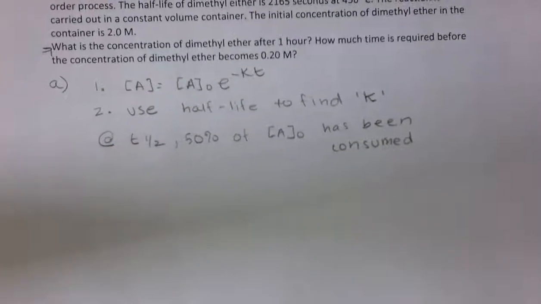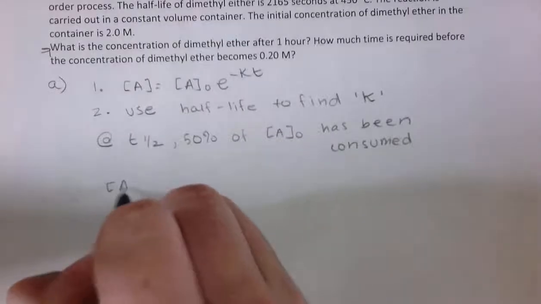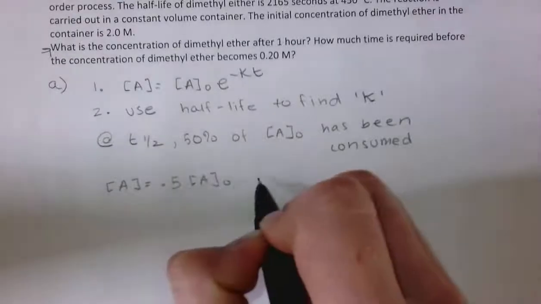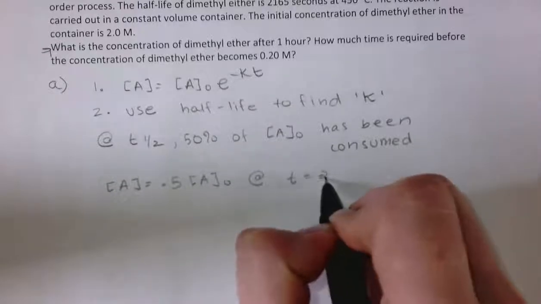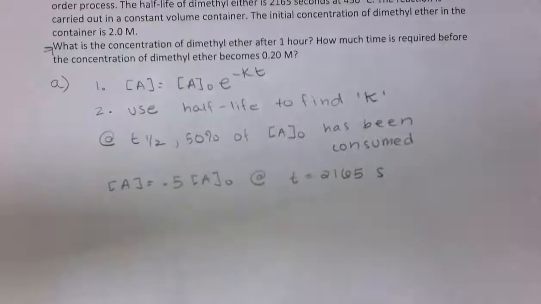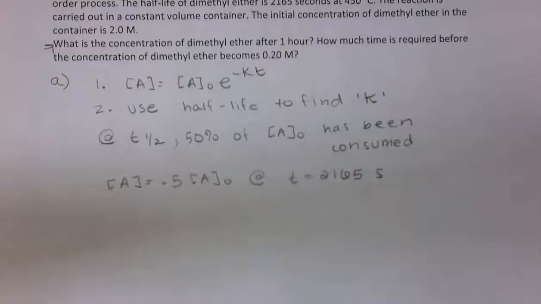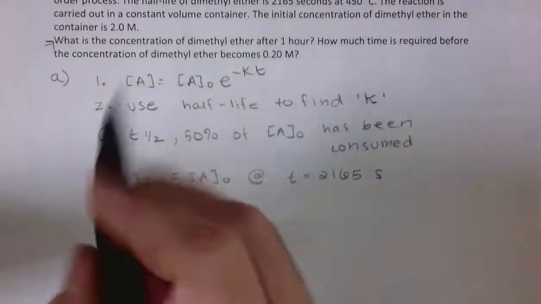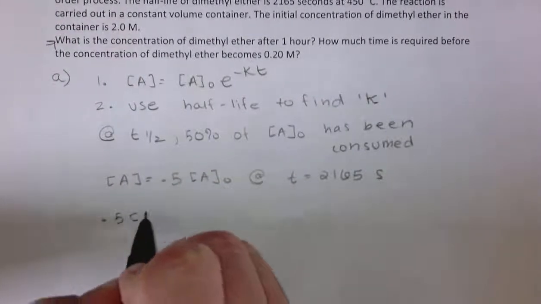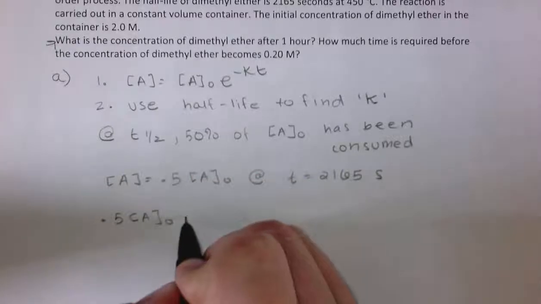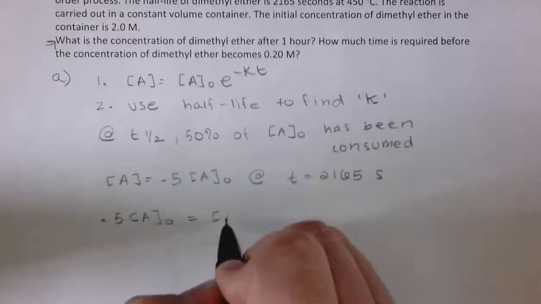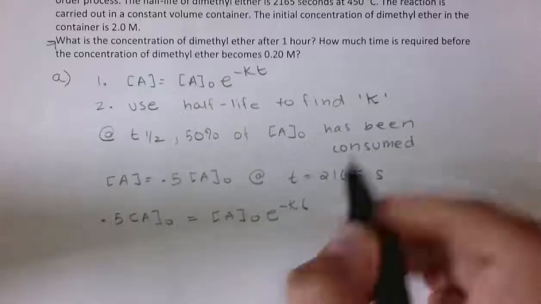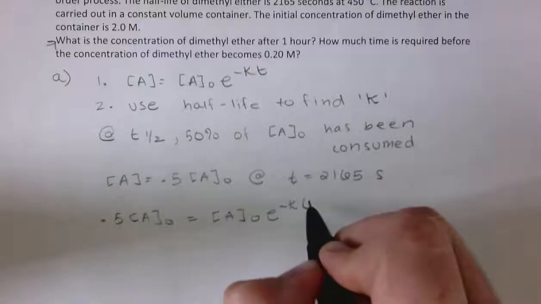So at this time, we know that our concentration of A equals 0.5 times our concentration of A naught at T equals the half-life given. And so we can use this information to find K by plugging into our equation. So A, which is 0.5 A naught, equals the initial concentration of A times e to the negative k times T half.